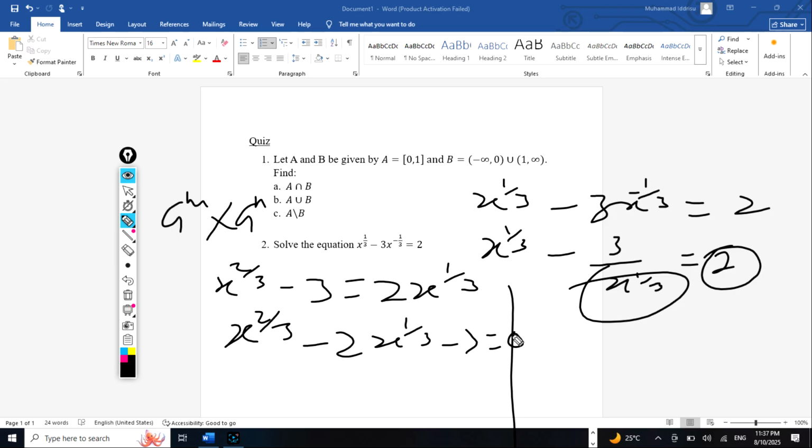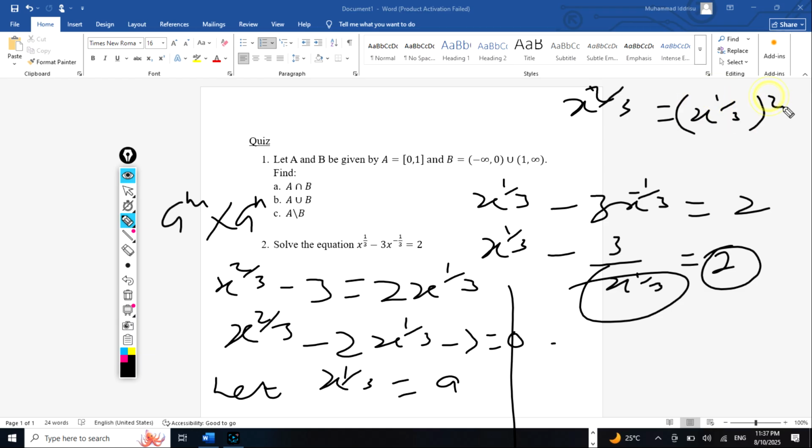0. At this time, if you are not seeing this to be a quadratic equation, you can let the x to the power 1 on 3 be equal to maybe some a. So here, this x to the power 2 on 3 is the same as x to the power 1 on 3 all squared.